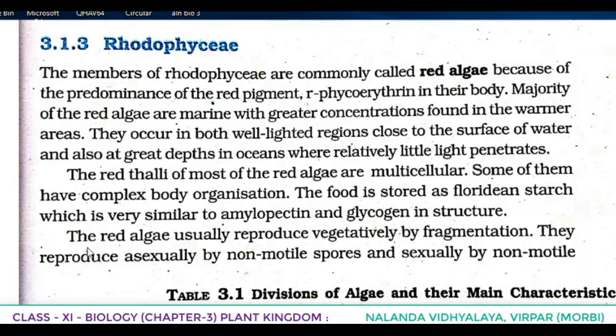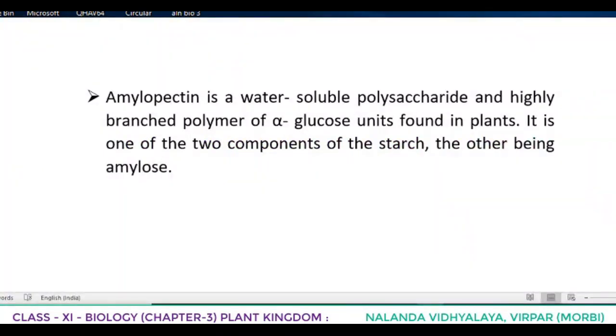In the case of Chlorophyceae, the stored food was starch. In the case of Phaeophyceae, mannitol and laminarin. And in the case of Rhodophyceae, the stored food is Floridian starch, which is very similar to amylopectin and glycogen in structure. So what do you mean by amylopectin?